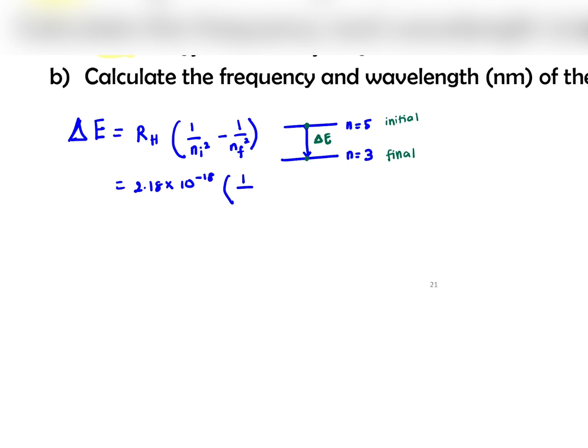And then bahagian bawah ni, 1 over initial 5 to the power of 2 minus 1 over 3 to the power of 2. So, bila kita solvekan this, kamu akan dapat 1.55 exponent negative 19 joule. Okay, so jangan lupa negative. Okay, energy is being released.